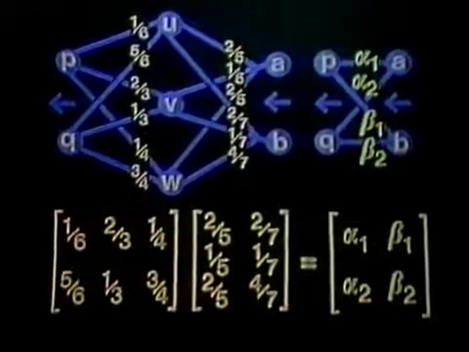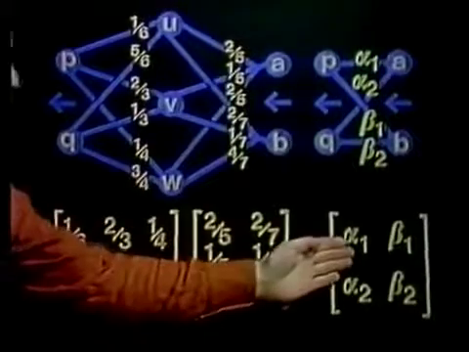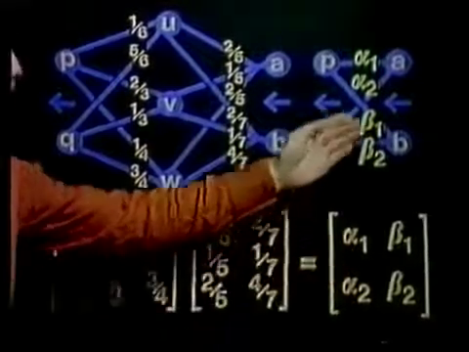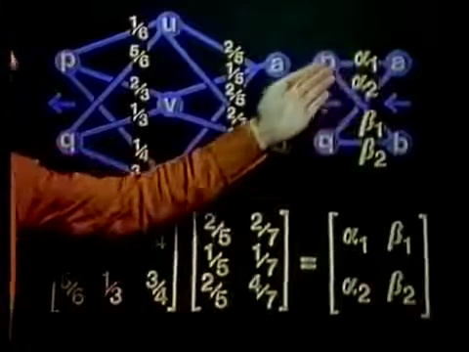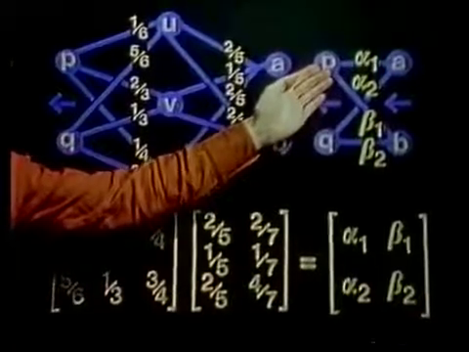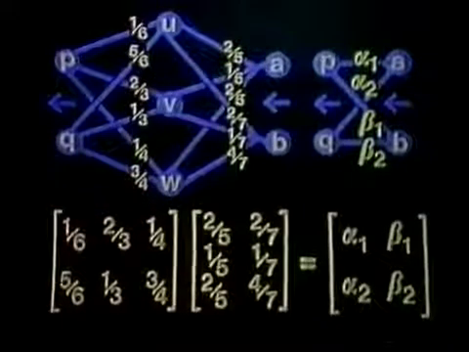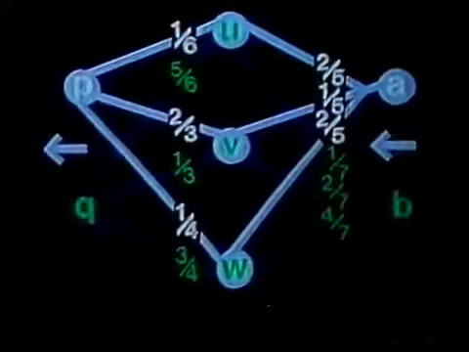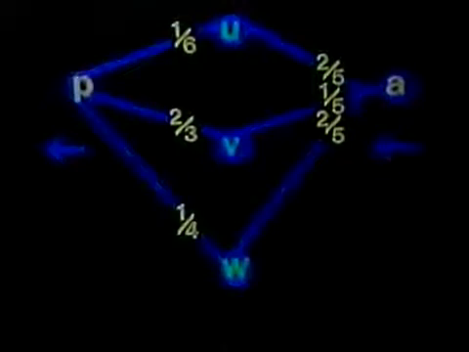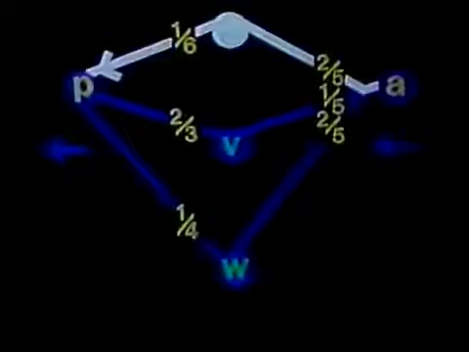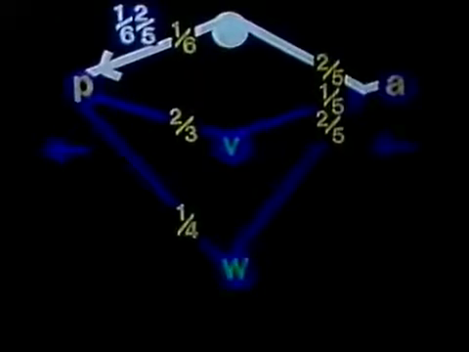Well, we'd best go ahead and calculate some alphas. Look at alpha 1 here. Alpha 1 is the proportion of A that flows to P. So to calculate it, we need to look at all the paths from A flowing through to P. And now we can use network arithmetic on the 3 paths from A to P. Along the top path, the proportion of A flowing towards P is 1/6 times 2/5.